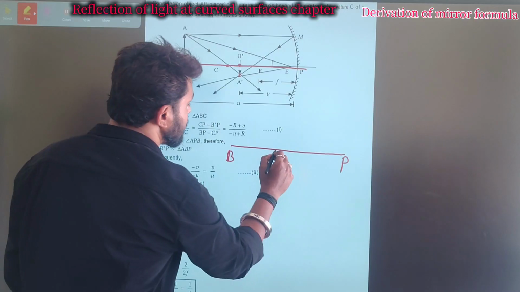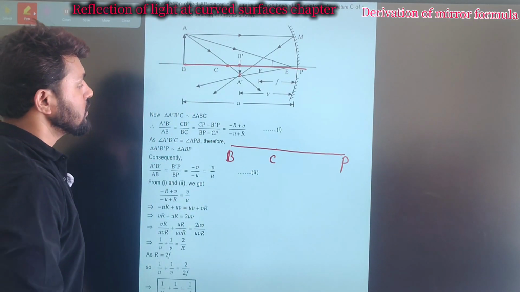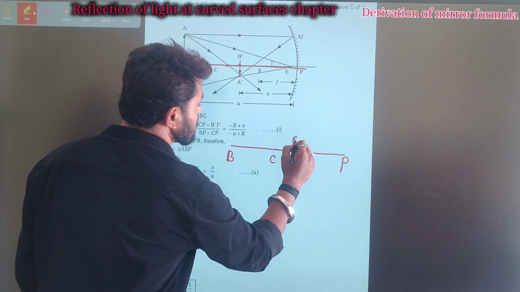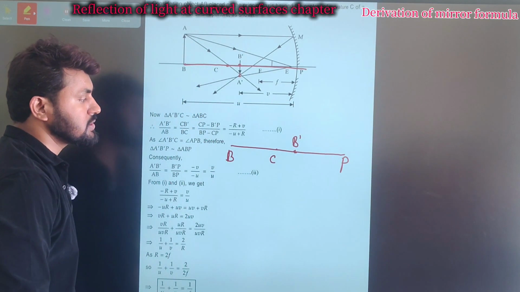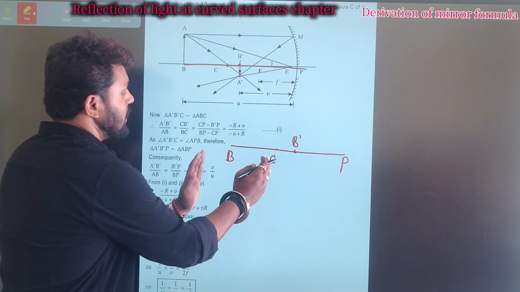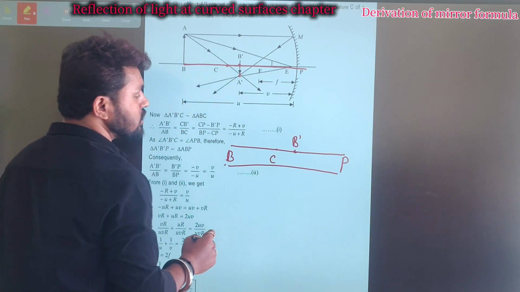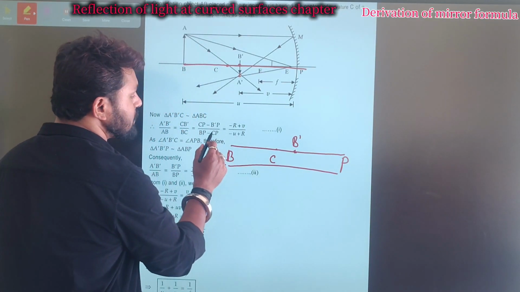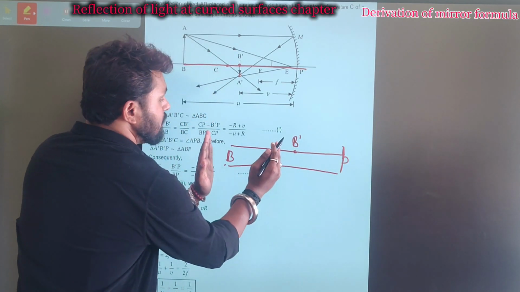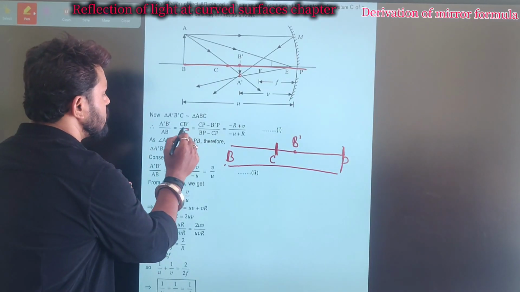I have point C somewhere over here. Again I have a point here, that is nothing but B dash. If I want only BC, I subtract from BP this distance. If you are subtracting this much, I will be left with BC, which is this distance.